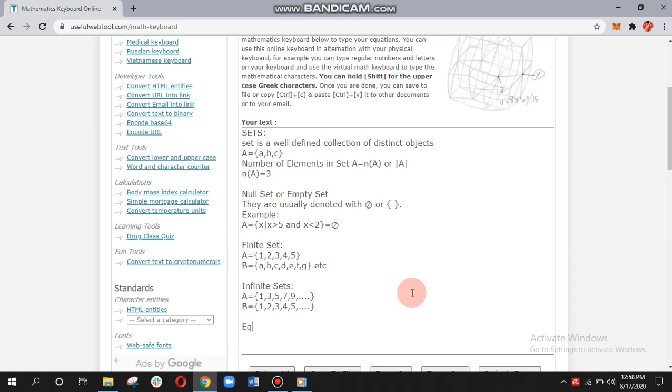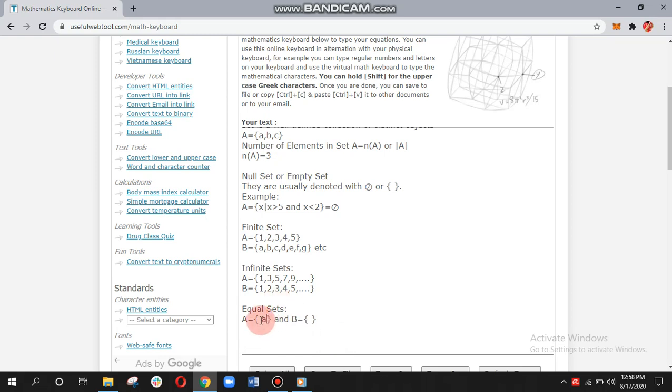Further we'll discuss equal sets. Those sets which have the same elements. Here we are talking about two sets, set A and set B. Right now they both are empty, so they are equal sets.